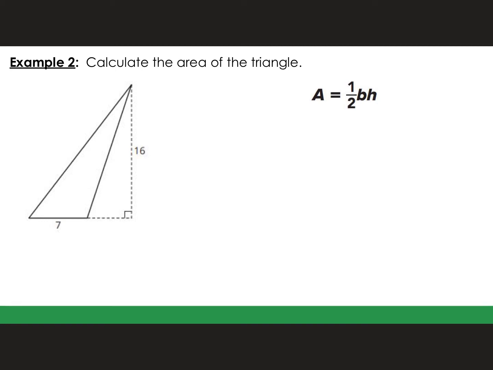Calculate the area of this triangle. Once again, our formula is area equals 1/2 base times height. And first thing I look for is the right angle, and I use the height that is with the altitude, so I'm going to use area equals 1/2 times my base times my height.